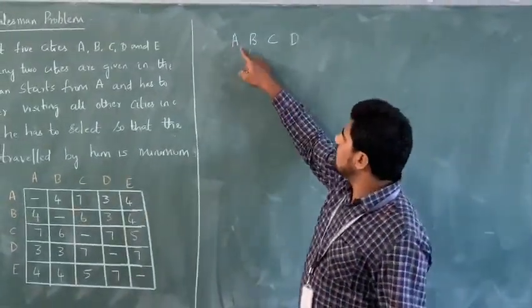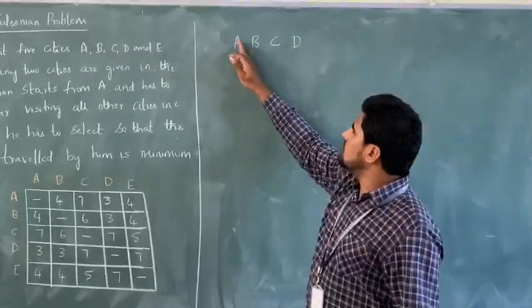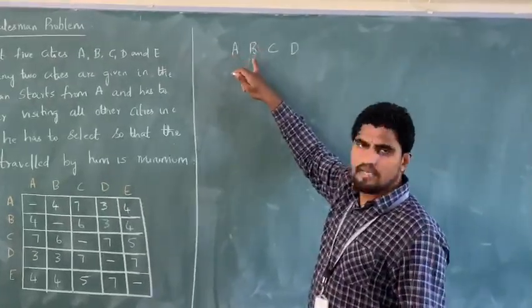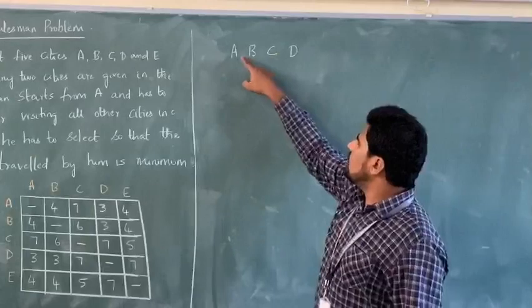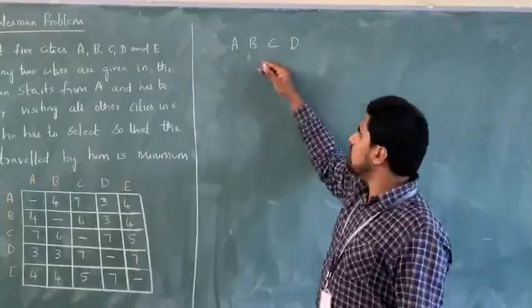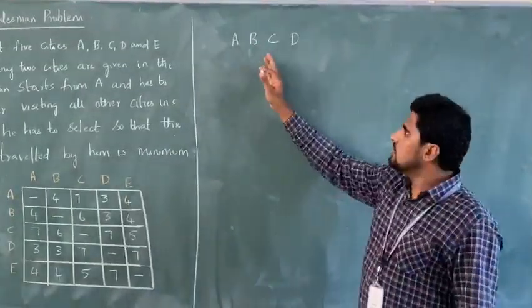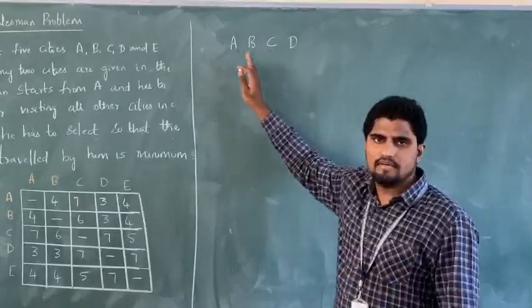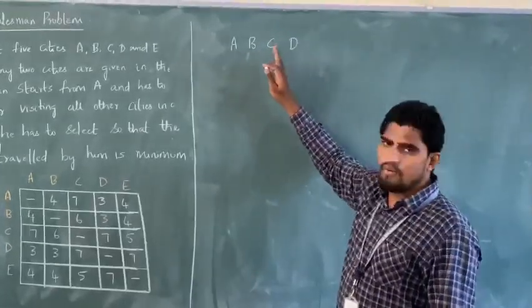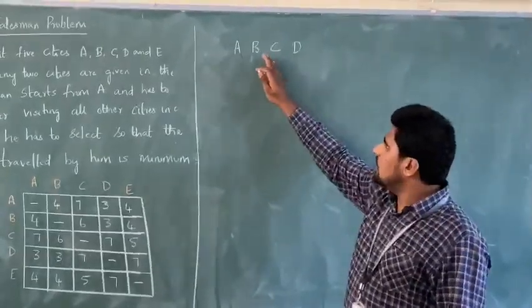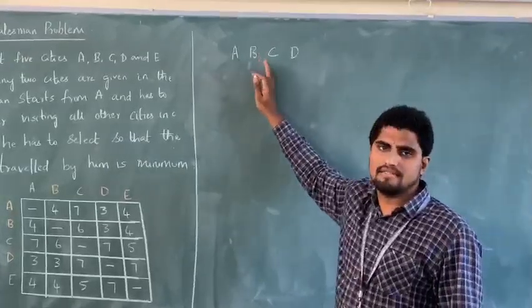Say he is starting from city A, he can travel to city B, or city C, or city D. So we find different paths here. The main objective in the traveling salesman problem is to reduce the overall cost or overall travel distance.